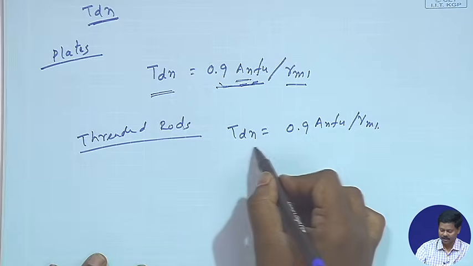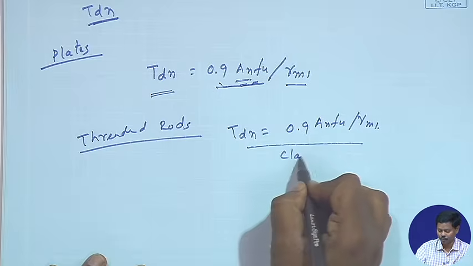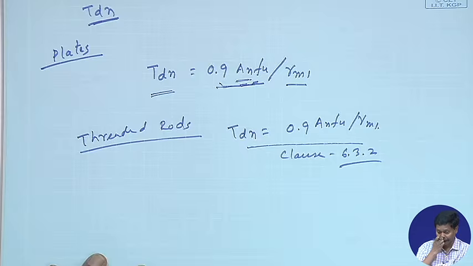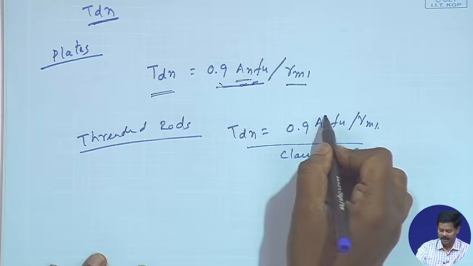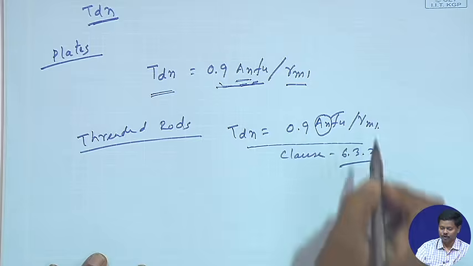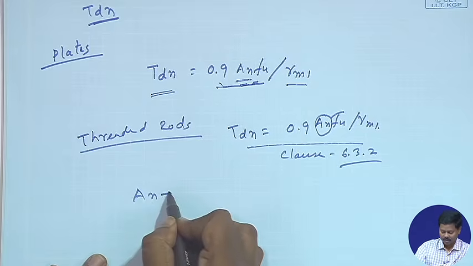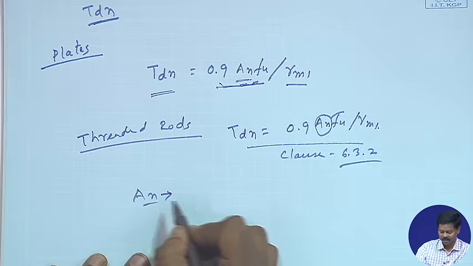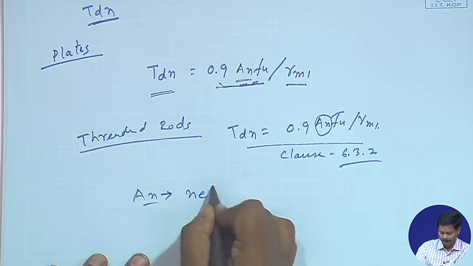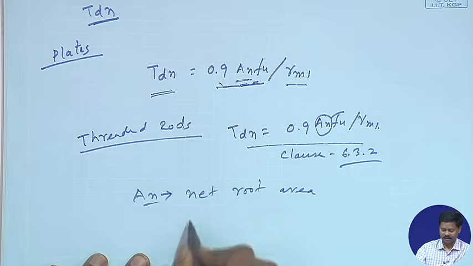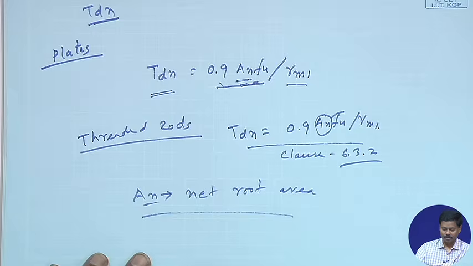This is given in clause 6.3.2, where An, the difference from the plate, is the net root area of the threaded section. This is how we can calculate the design strength of a threaded rod.